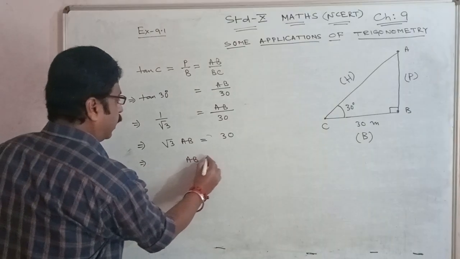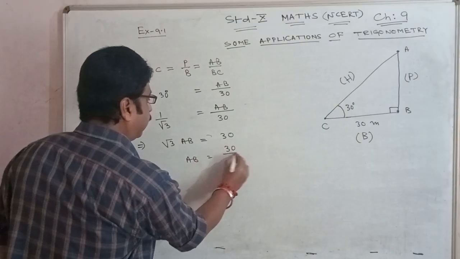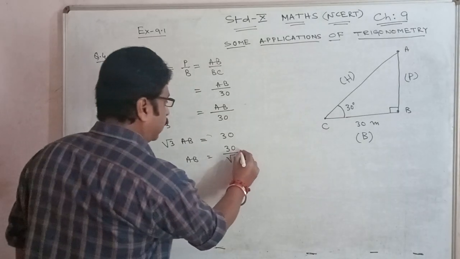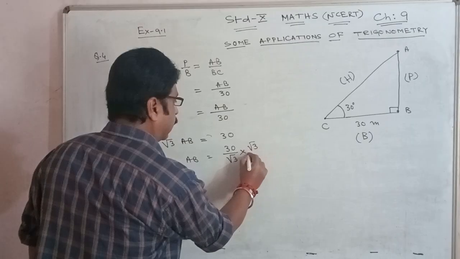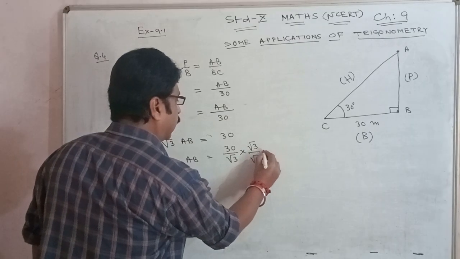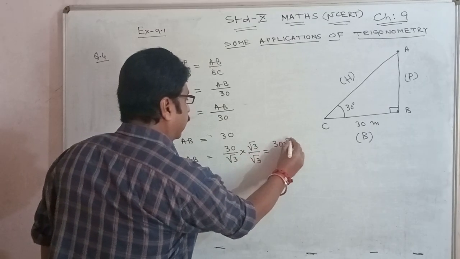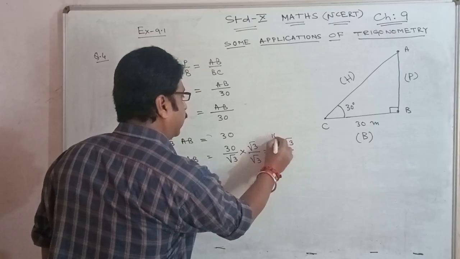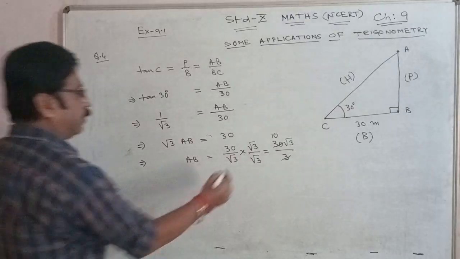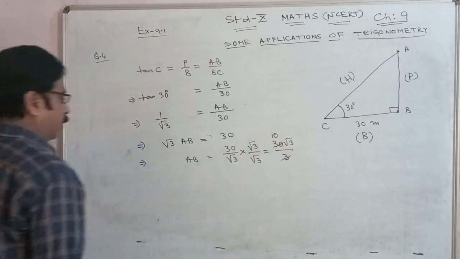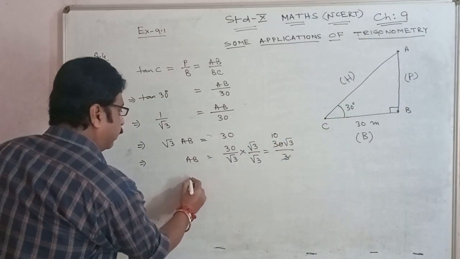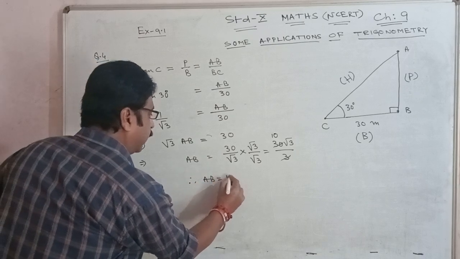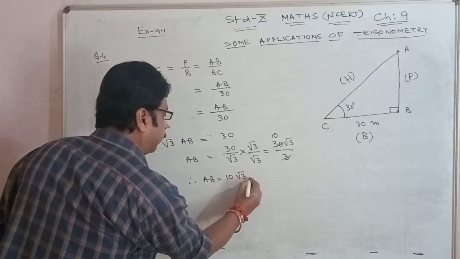AB will be 30 upon root 3. We can rationalize. It will be 30 root 3 upon 3. 3 times 10 is 30. Therefore, AB equals to 10 root 3.